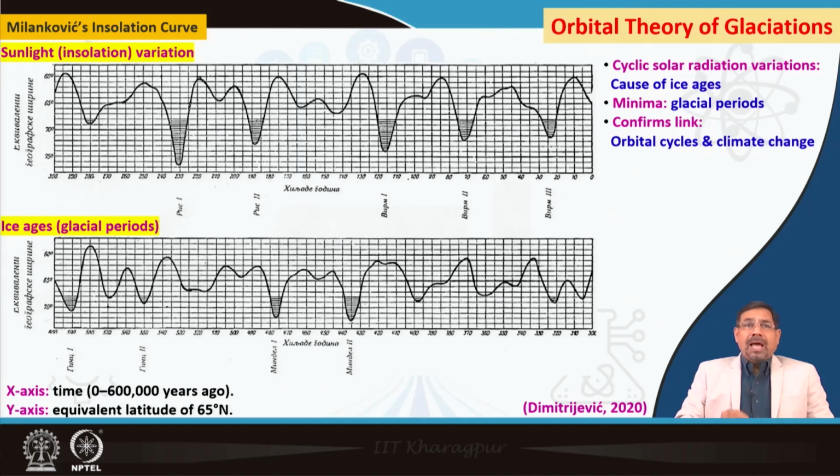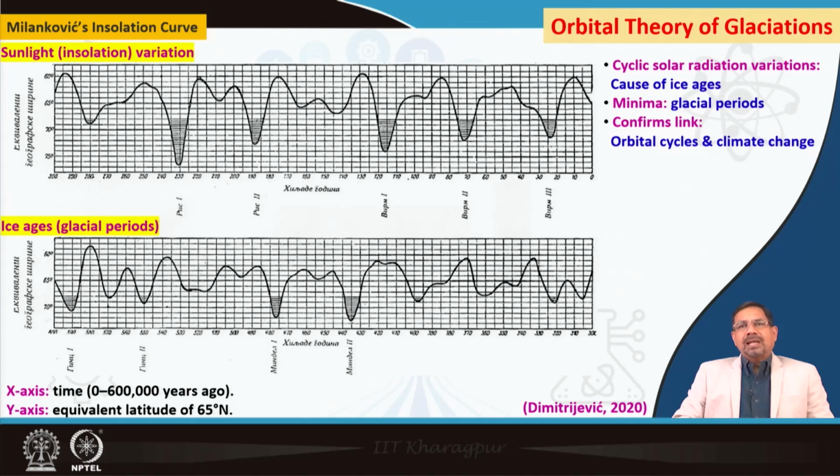So when Milanković put this in terms of his insolation curve, he found, we have put 2 figures here, the sunlight insolation variation and down one the ice ages in terms of the glacial periods. And if you look at this in terms of the insolation on the upper one and the ice ages on the lower one, this explains the variation what I have told you in the third slide, that means the variation in the average temperature of the earth or the average global temperature.